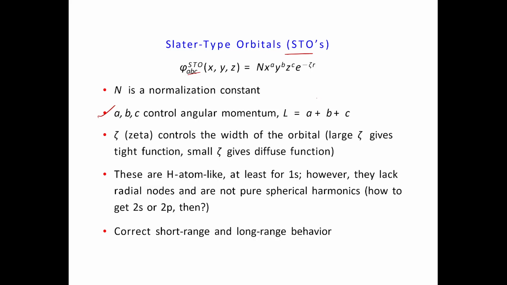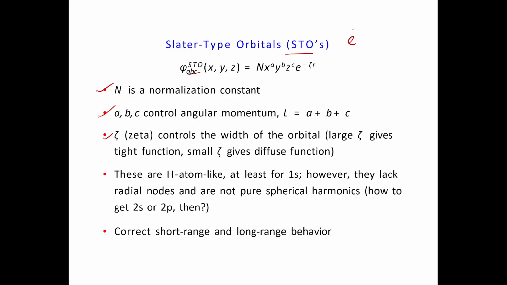If you're dealing with a px orbital, then a can be 1 and b and c are 0. N is the normalization constant, and zeta controls the width of the orbital. A large zeta means a tight function.